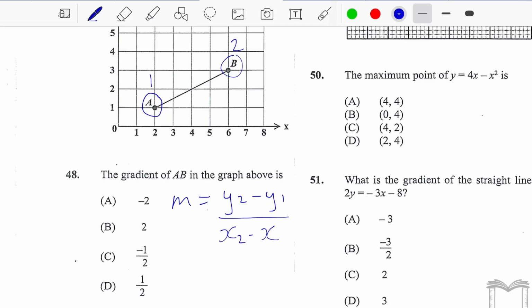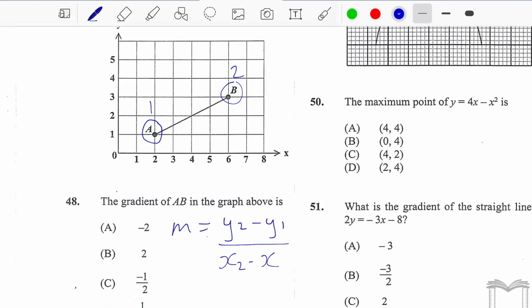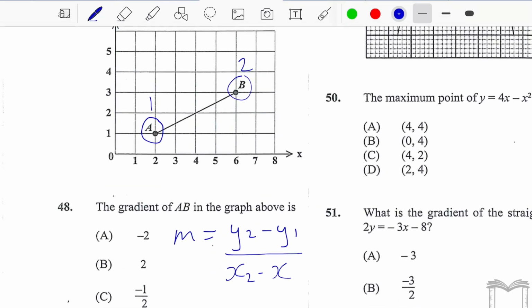So we can see, let's use 3 minus 1. Right, let's use point, we'll use B as point 2 and A as point 1, just as I showed you there.